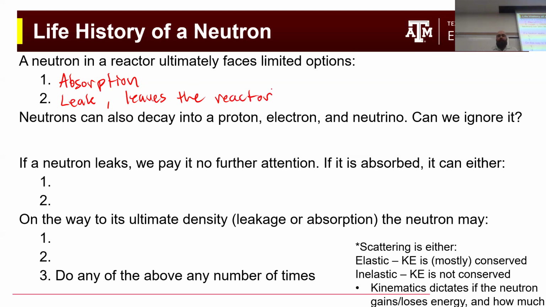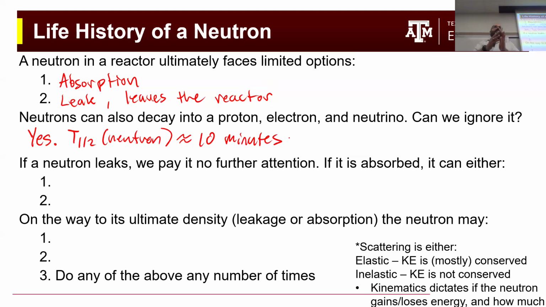There's technically a third option, which is that a free neutron actually has a half-life that will make it decay into a proton and an electron and an antineutrino. But we can actually ignore the decay of neutrons. They decay, but we can ignore it because the half-life of a neutron is on the order of 10 minutes.